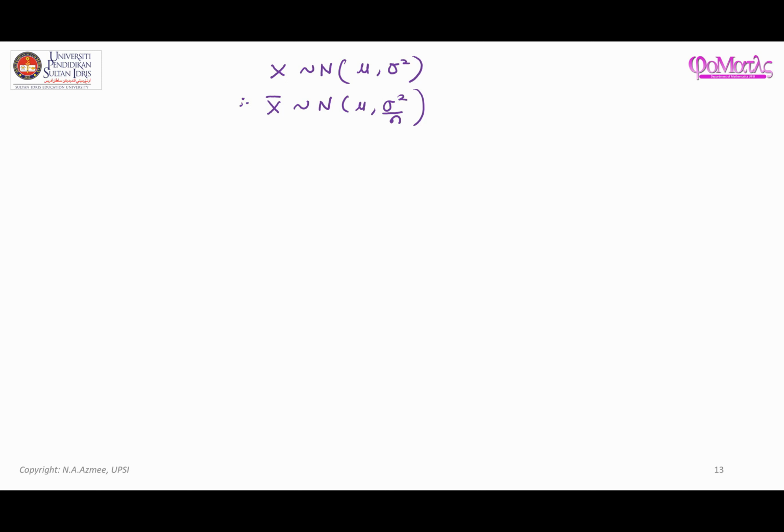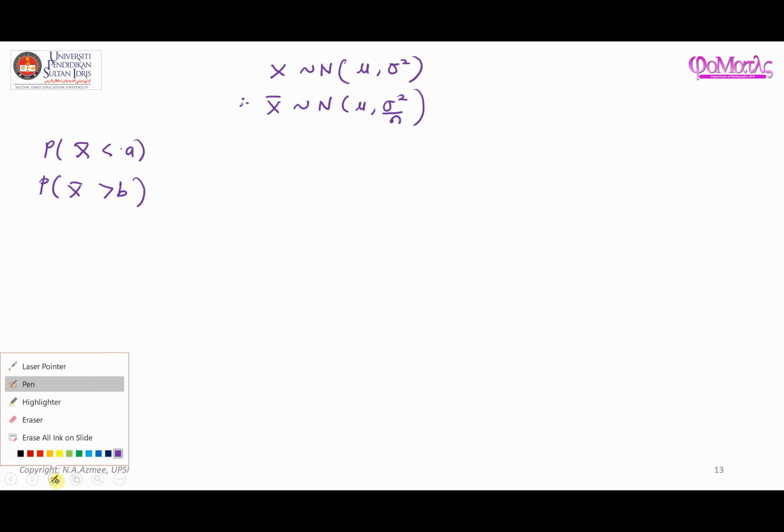For example, you can give an answer to what's the probability that x bar is less than some value, or what's the probability of x bar greater than some value, or between two values. So you can answer these probability questions about x bar. Now remember what I've told you about solving probability questions related to a normal random variable.